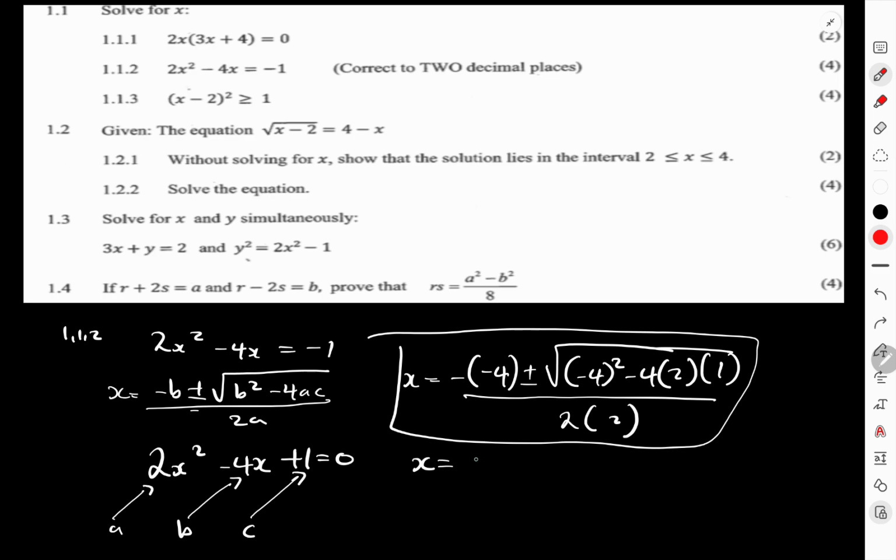Then after, you're going to round your answer to 2 decimal places, because here they said correct to 2 decimal places, right? Therefore we're going to have our x value being 1,71, or the x value being 0,29 when we round off to 2 decimal places, right?